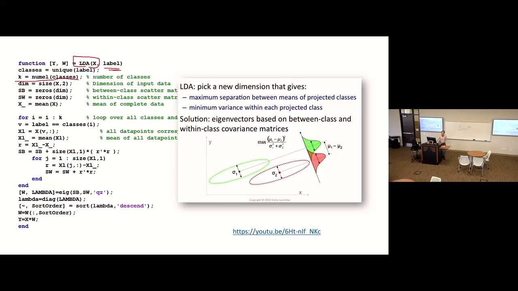Then you compute how many clusters you have, and then you start to define the within-cluster scatter and the within and between classes.